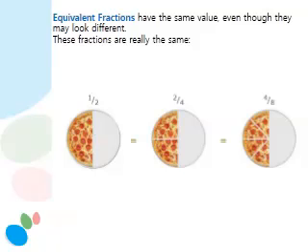Suppose you divide it into 2 parts and you ate 1 part out of 2. While if you divided it into 4 parts and you ate 2 parts out of 4, that's the same amount. So 1 over 2 and 2 over 4 are equivalent fractions. Even if we divide the pizza into 8 pieces and we ate 4 out of 8, that means I ate actually half the pizza. So it expresses the same amount.